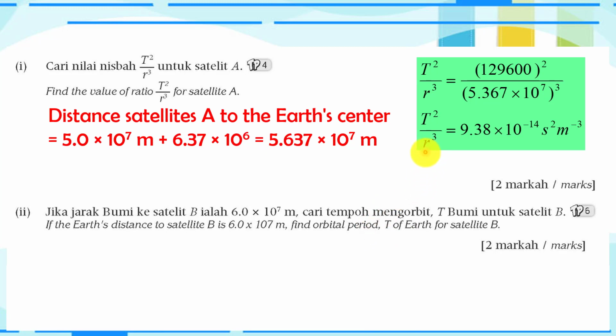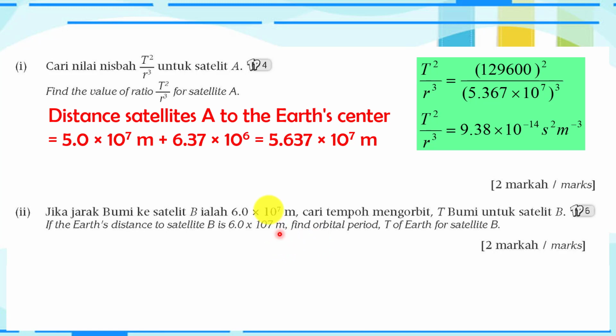So from here we need to know the Kepler third law. Just now they showed you the formula, T square over R cube. They say it's the same for every planet. Maybe your time taken is different, and your radius is also different, but the final answer you get when you do the calculation using the Kepler third law is almost the same.